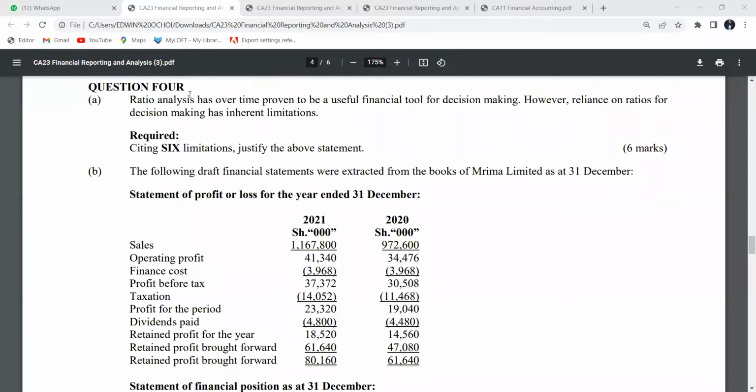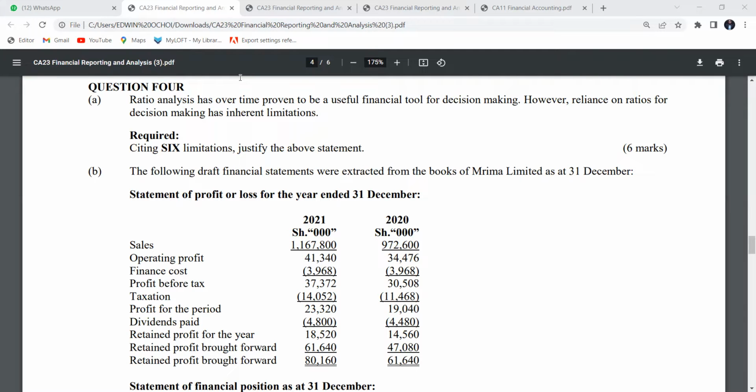They were saying that ratios have over time proven to be a useful financial tool for decision making. However, reliance on ratios for decision making has inherent limitations. Citing 6 limitations, justify the above statement.